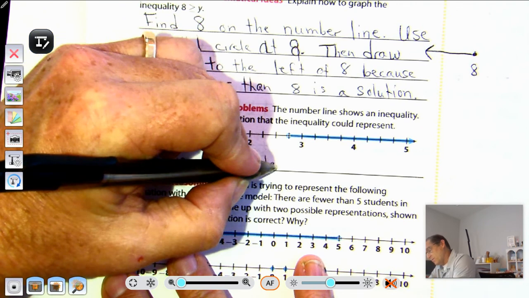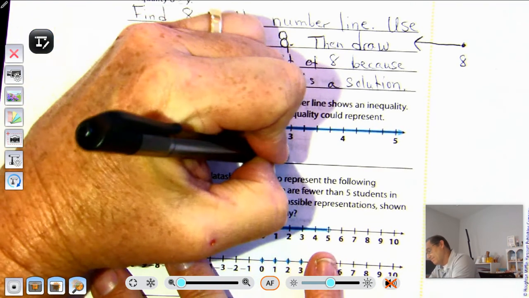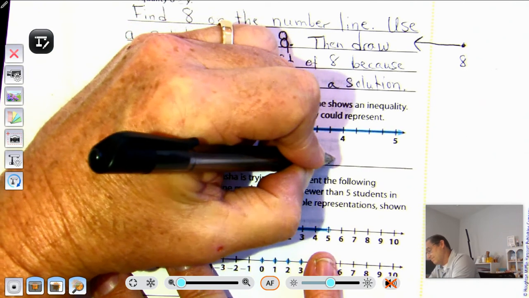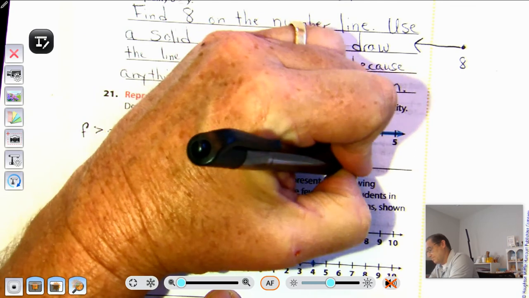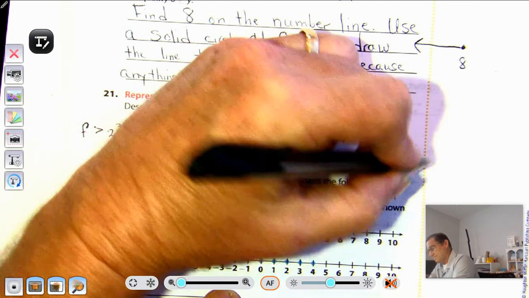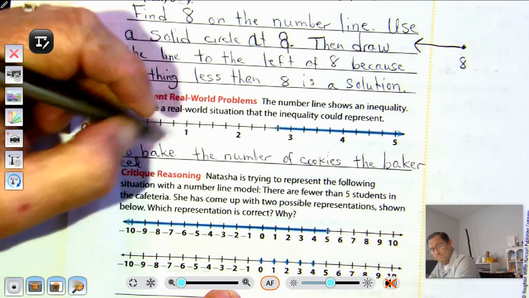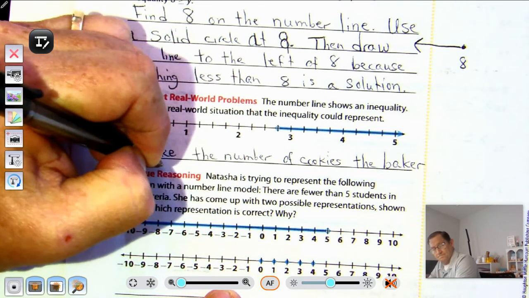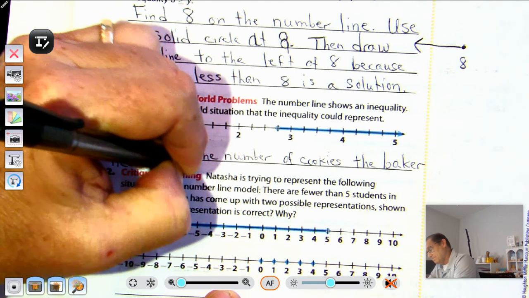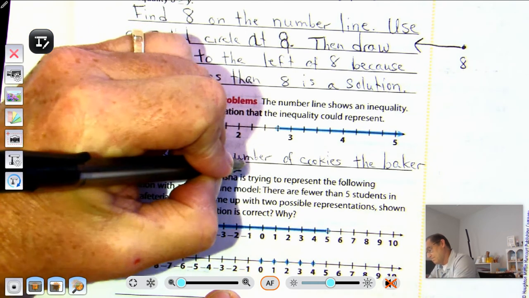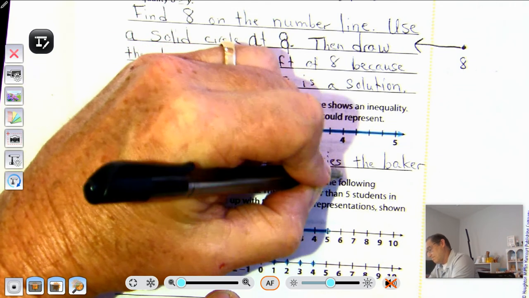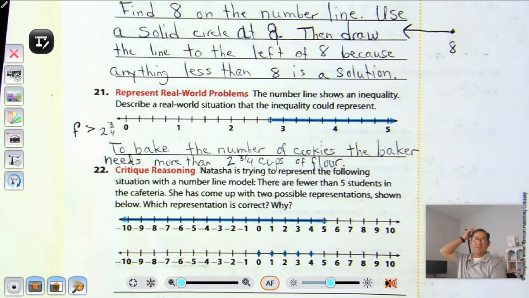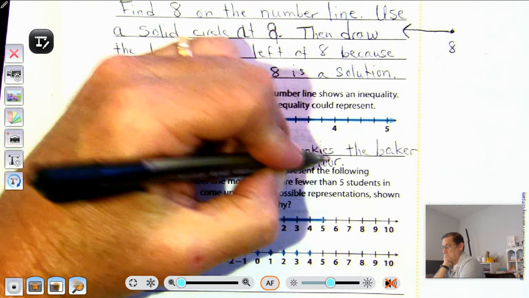And it's the amount of flour that the person needs. Okay. So in this case, the person needs more than 2 3/4 cups of flour.